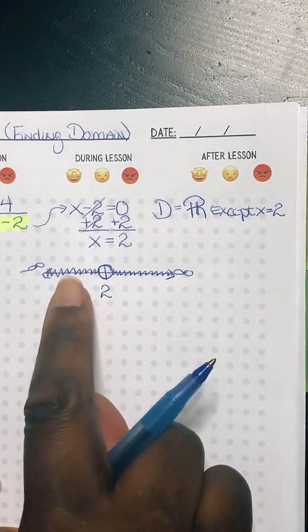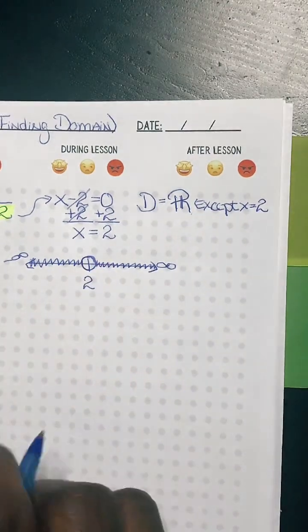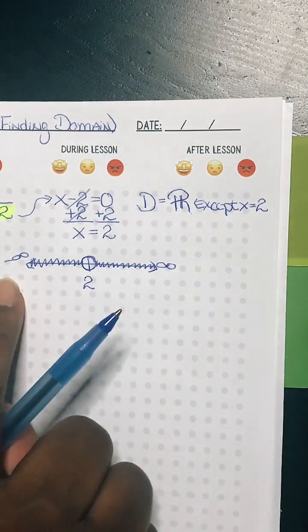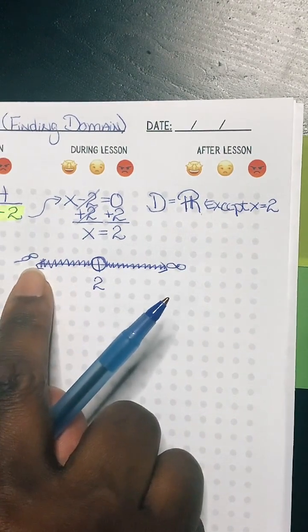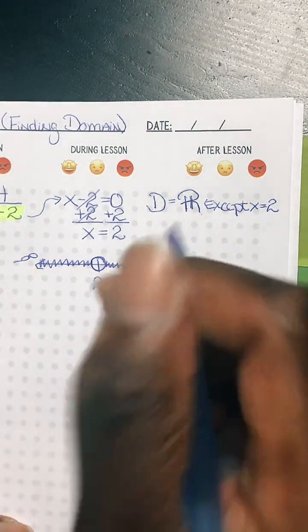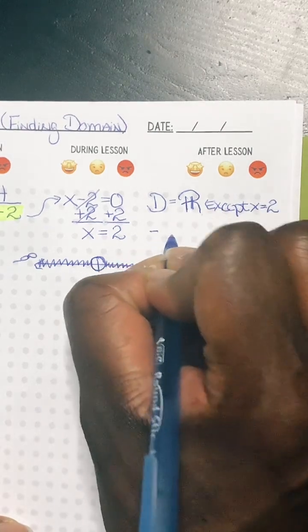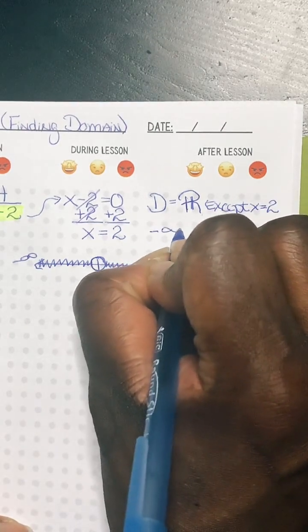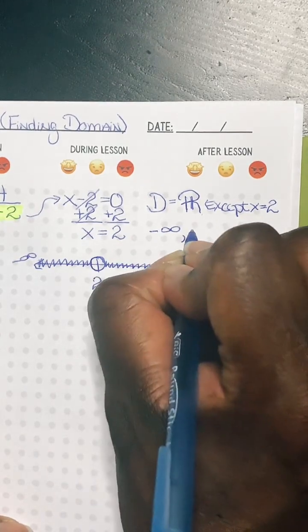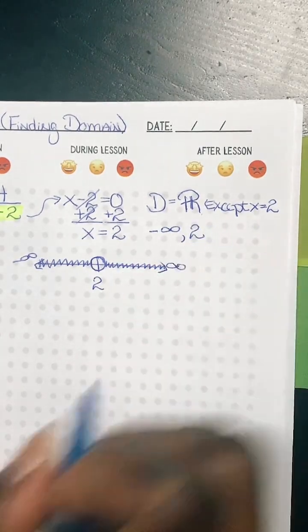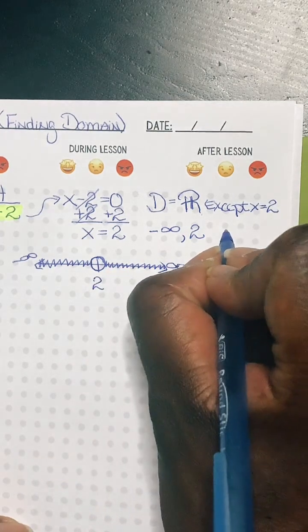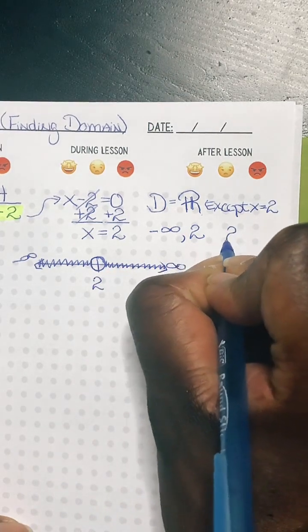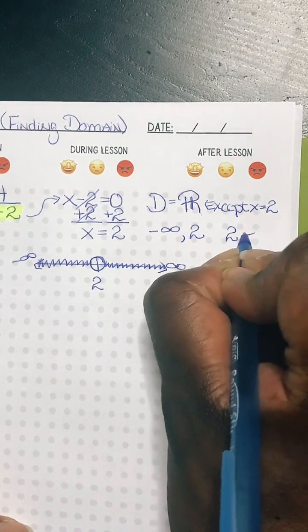So the way that I can write this in interval notation is I always start with the lowest number. My lowest number is actually negative infinity. So I have from negative infinity to 2. And then the other part starts at 2 and goes to positive infinity.